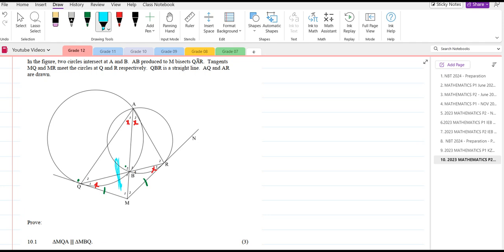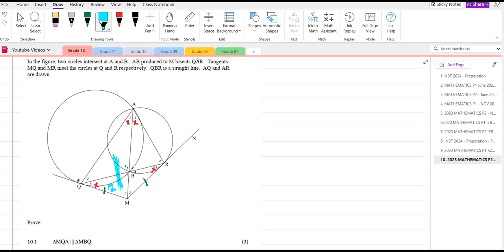So we got angle M to be common, right? So this is a second triangle. So the first triangle is this entire thing here. So we got Q1 equal to angle A1. We got angle M1 is common, and then the remaining angles, angle B1, would be equal to the entire angle there.